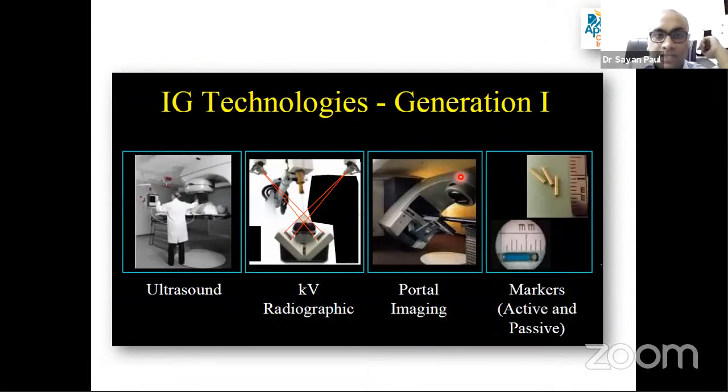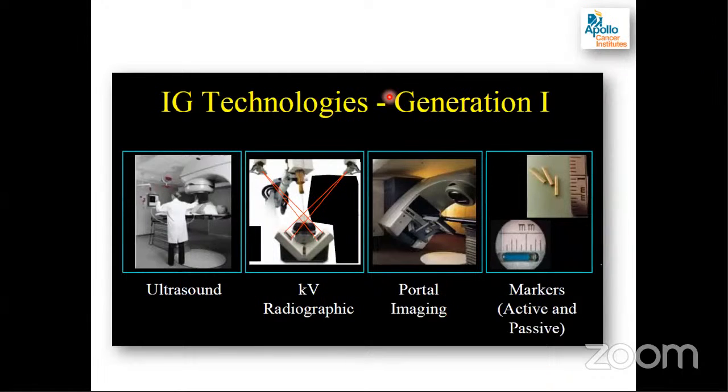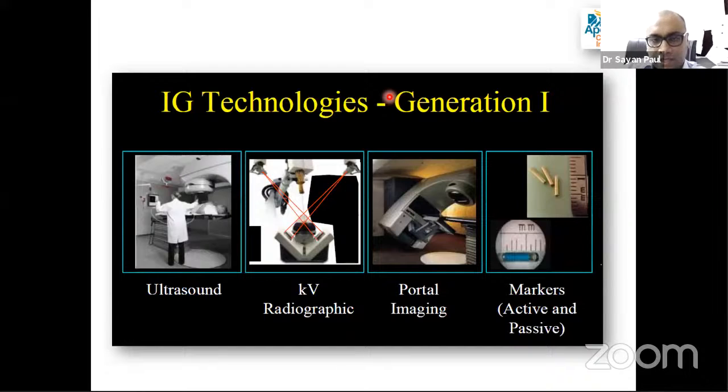So what are the image guidance technologies? First generation image guidance technologies: while we are planning, imaging has developed a lot. From 2D planning, we have moved to 3D planning. But you need to remember that radiation oncology treatment delivery is always 3-dimensional delivery.